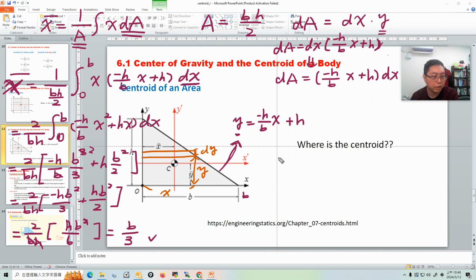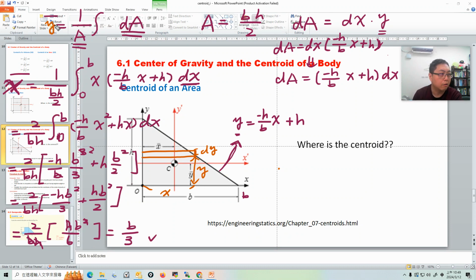Let's start with it. So what's the y bar? Y bar is the same, 1 over a. Let's change it, just change it.